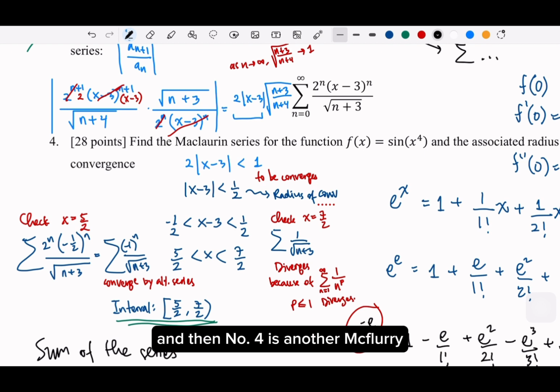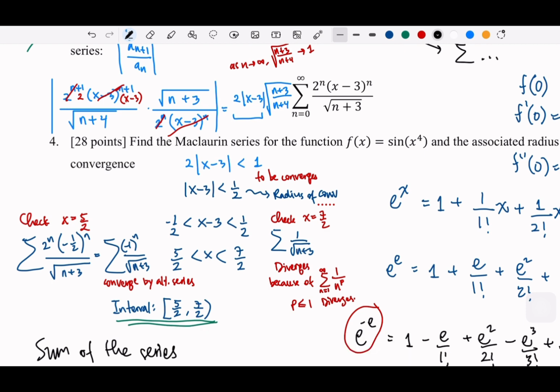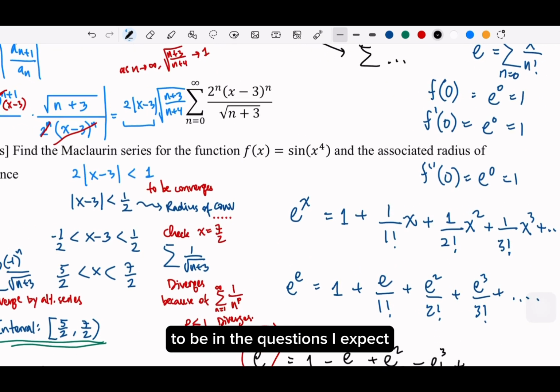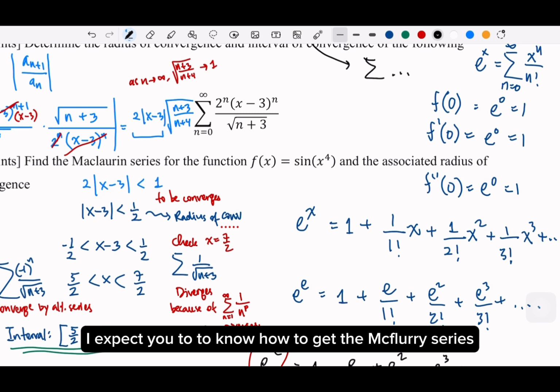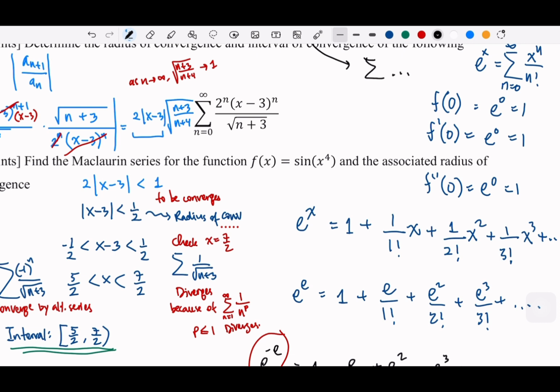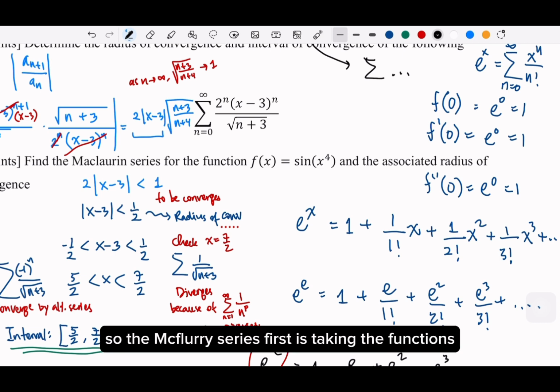And then number 4 is another Maclaurin. Every time Maclaurin is in the questions, I expect you to know how to get the Maclaurin series. First take the function at 0 and calculate it.